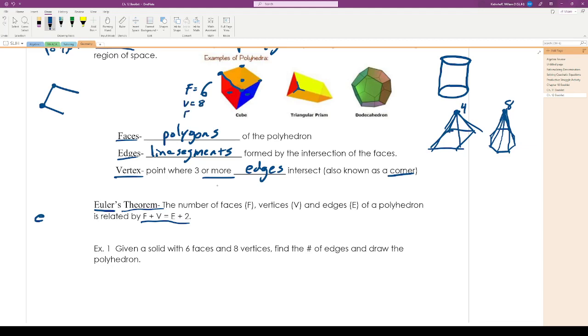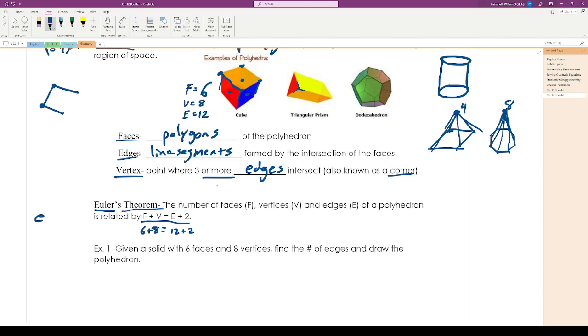And then edges, we have 4 around the top, 4 around the bottom, and then the 4 vertical ones connecting the top and the bottom. So that's a total of 12. And this formula says that we should be able to say 6 plus 8 equals 12 plus 2. And that's true. 14 equals 14. And that'll be true for any polyhedron, no matter what it is. This dodecahedron, this triangular prism, they'll all follow this formula.